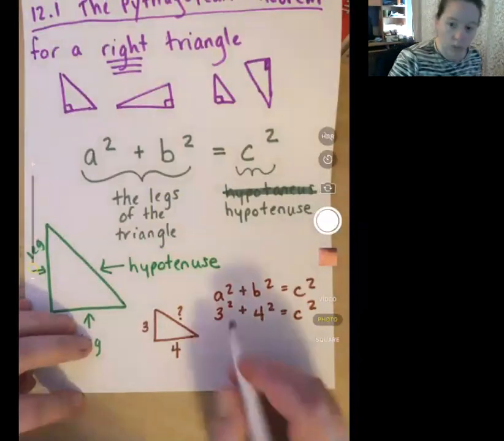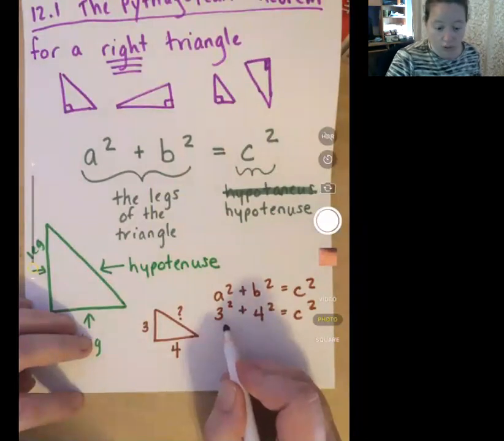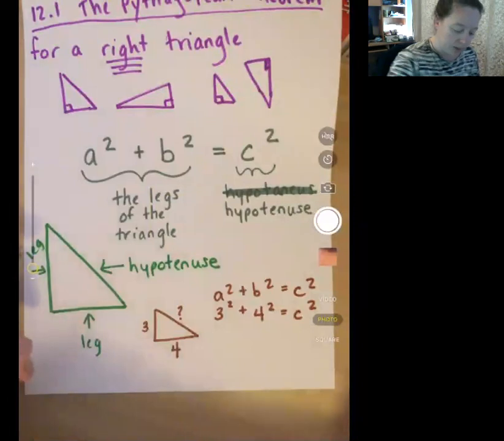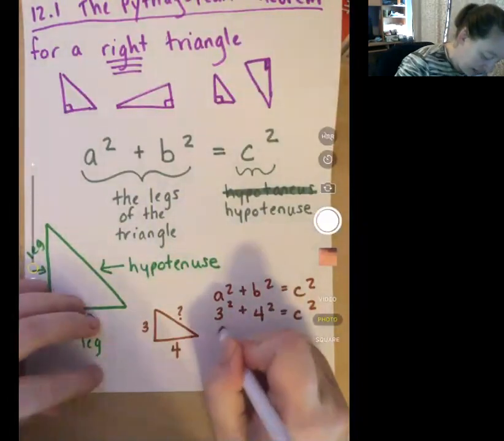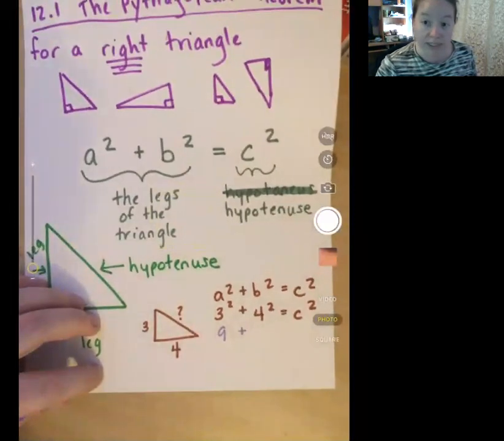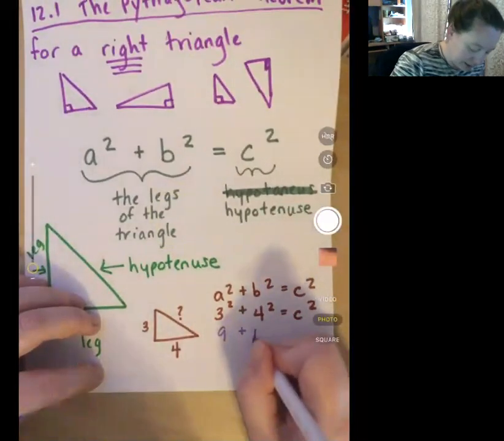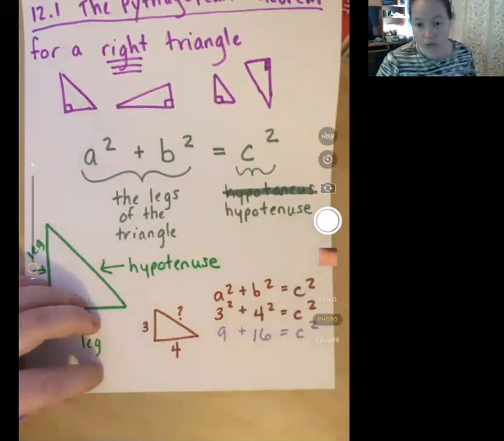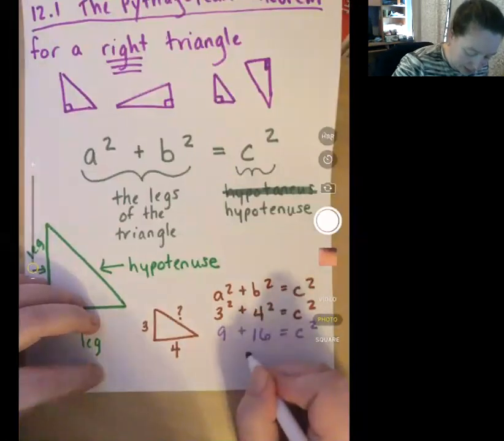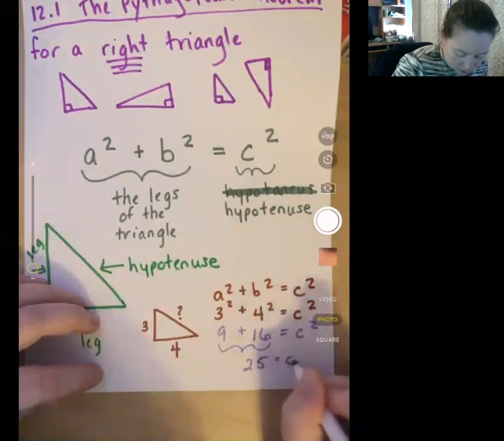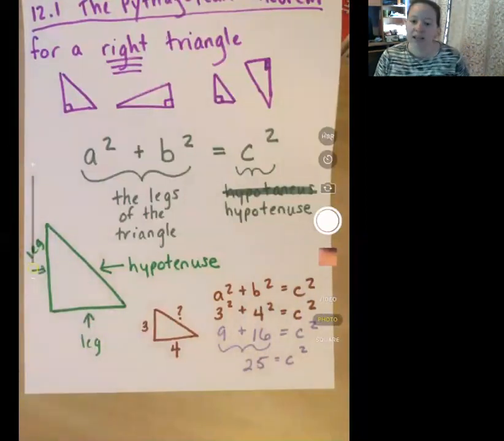So 3 squared is 3 times 3, which is 9, plus 4 squared, which is 4 times 4, which is 16, is equal to c squared. 9 plus 16 is 25, which is equal to c squared.